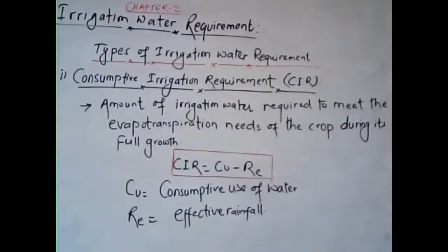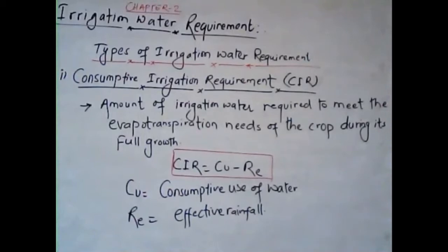Now the first type of irrigation water requirement is consumptive irrigation requirement, and we'll be going through this topic. So what is consumptive irrigation requirement? It is the amount of irrigation water required for meeting the evapotranspiration need of the plant during its full-fledged growth.